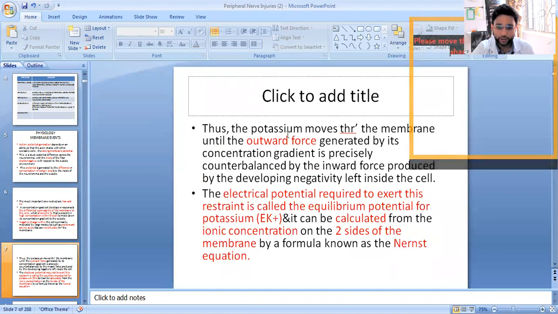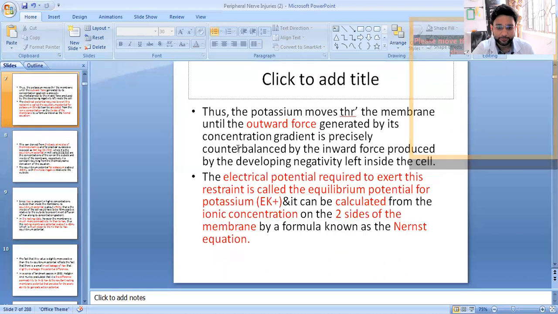Thus, the potassium moves across the membrane until the outward force generated by its concentration gradient is precisely counterbalanced by the inward force produced by the developing negativity left inside the cell. The electric potential required to exert this restraint is called the equilibrium potential for potassium, and it can be calculated from the ionic concentrations on the two sides of the membrane by the formula known as the Nernst equation.